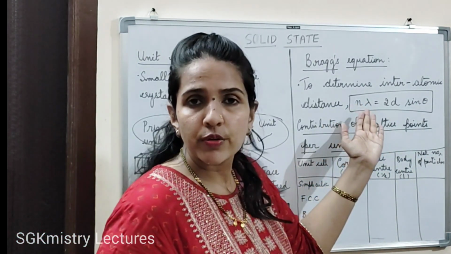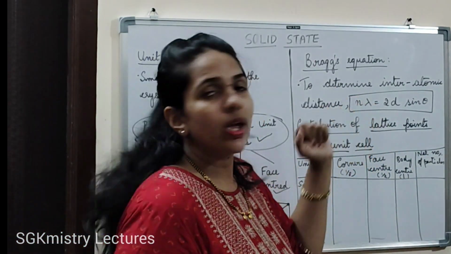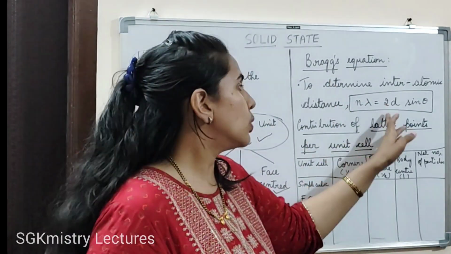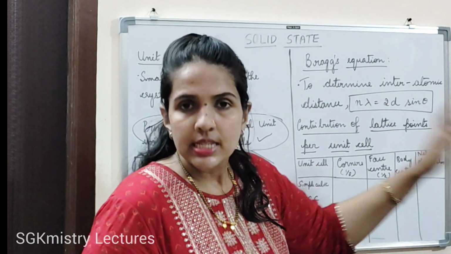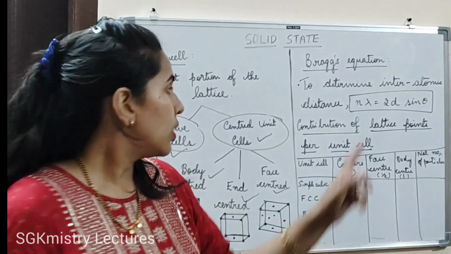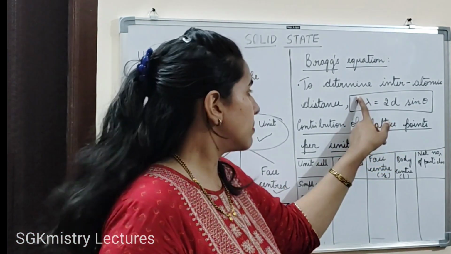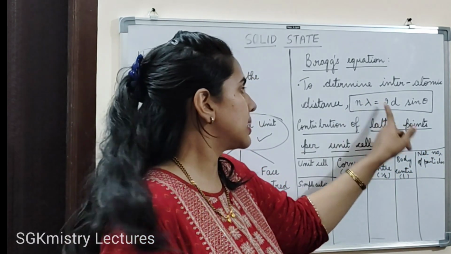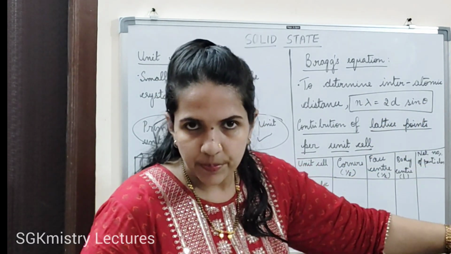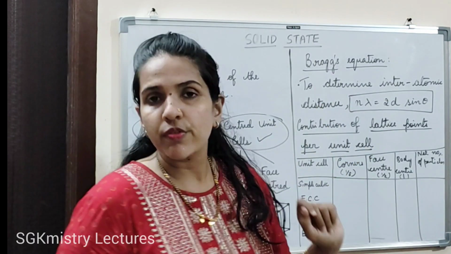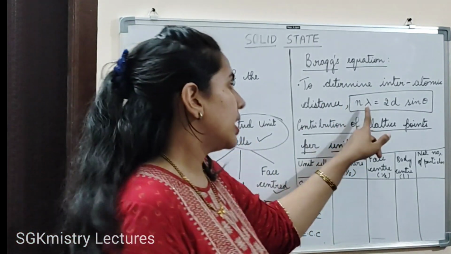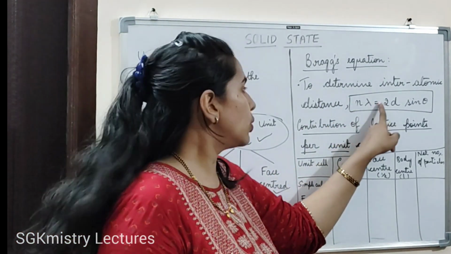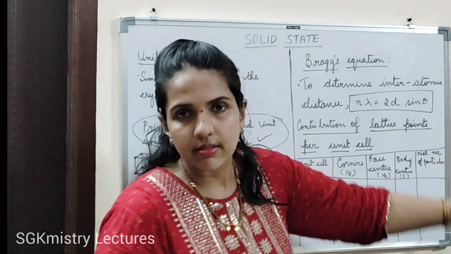Suppose the order of reflection is 1, then the equation reduces to lambda is equal to 2d sine theta. Suppose the order of reflection is 2, then the equation becomes lambda is equal to d sine theta, as the 2 comes to the denominator. Suppose the order of reflection is 3, then lambda is equal to 2 by 3 d sine theta.